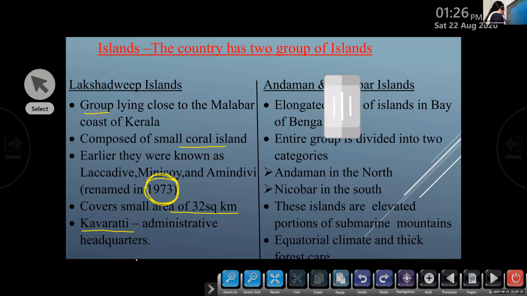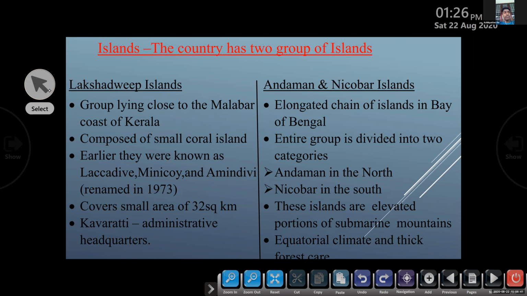Let us see one by one again. Lakshadweep and Andaman Nicobar Islands. India has two groups of islands. First one Lakshadweep and second one Andaman Nicobar Islands. It's part of India. First point, it's lying close to the coast of Kerala. Kerala coast is known as the Malabar coast.